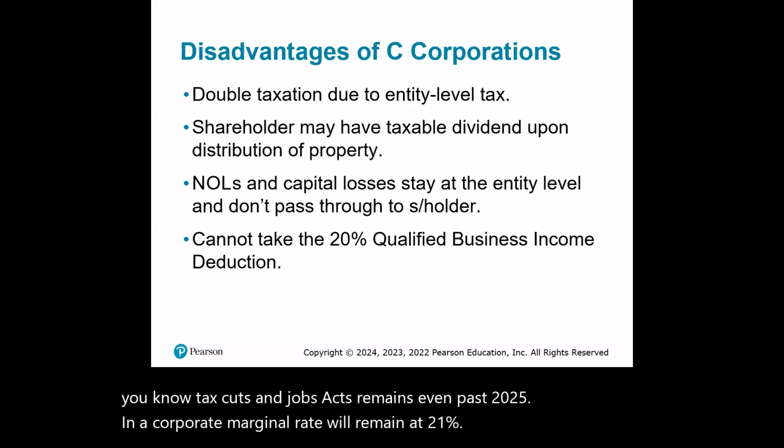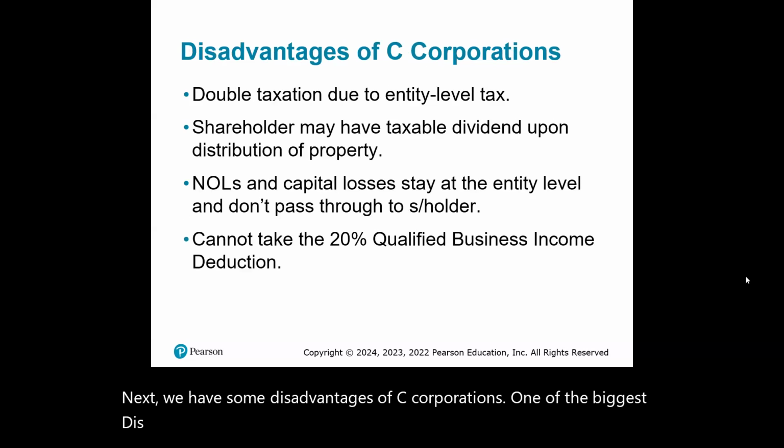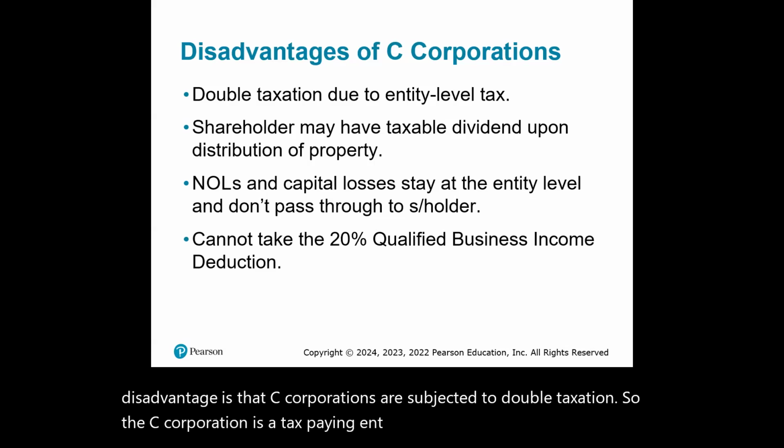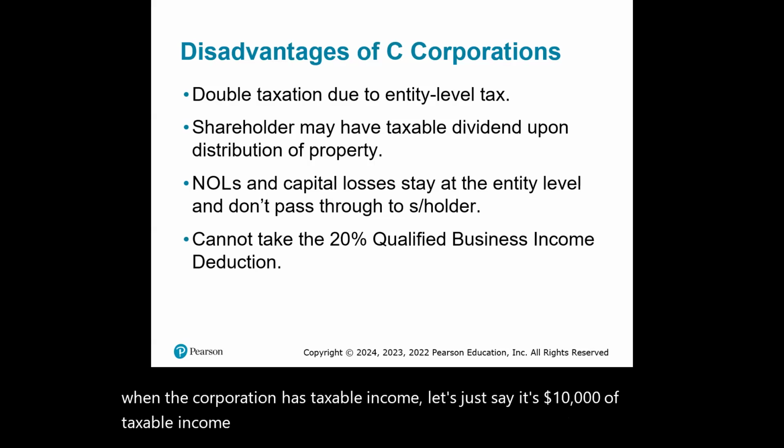Next, we have some disadvantages of C corporations. One of the biggest disadvantages is that C corporations are subjected to double taxation. So the C corporation is a tax-paying entity, much like individuals. Therefore, when the corporation has taxable income, let's just say it's $10,000 of taxable income, the corporation would pay a flat 21%, which is $2,100 at the corporation's level.